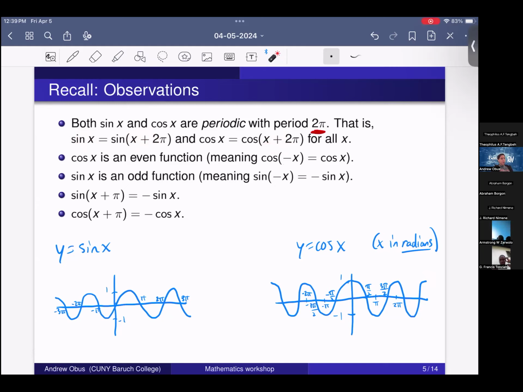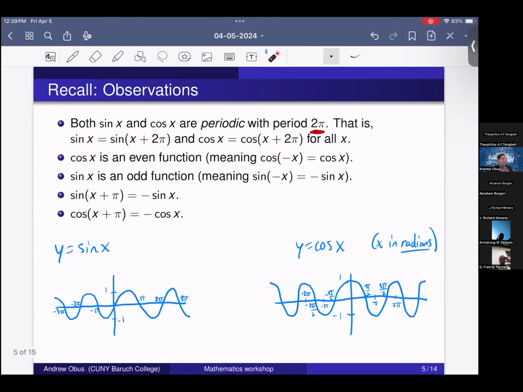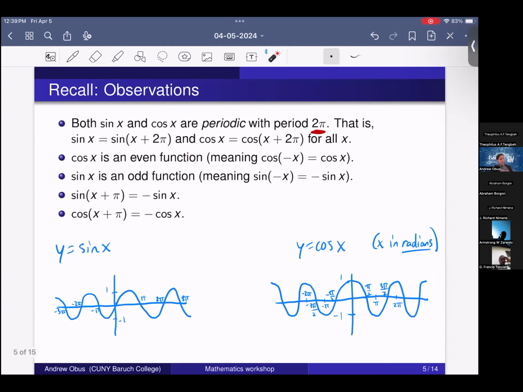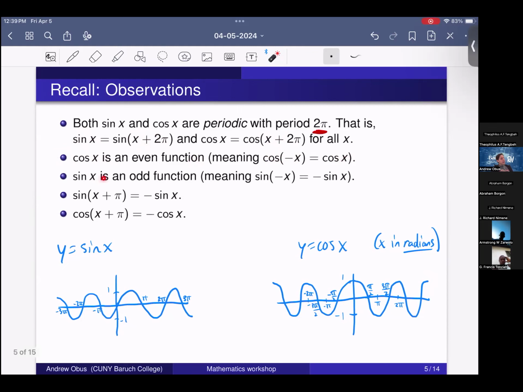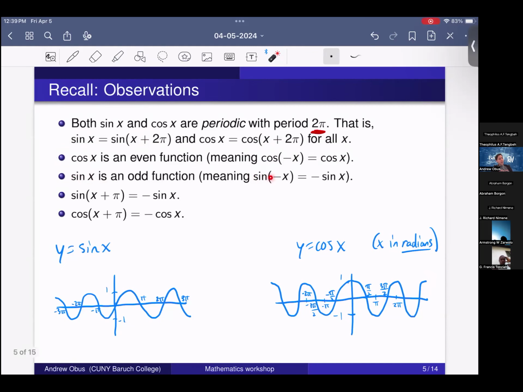And we had a few other observations about these graphs. We observed that cosine of x is an even function. That means that cosine of minus x is equal to cosine of x. And sine of x is an odd function, meaning that sine of minus x is equal to minus sine of x. And then we had two other facts.